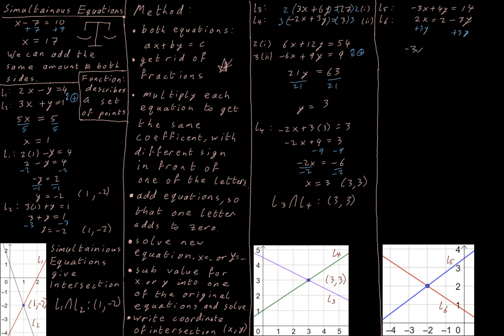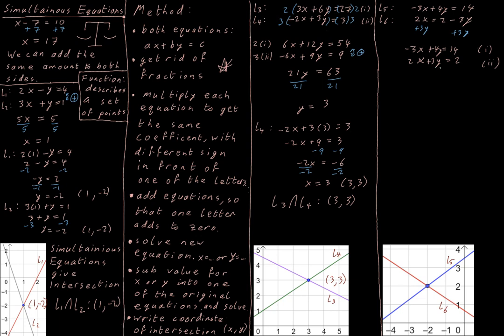So I have minus 3x plus 4y is equal to 14, and 2x plus 3y is equal to 2. And now I'm in a position to say this is equation 1, this is equation 2, and I can try and get the same number with a different sign in front of both of these.